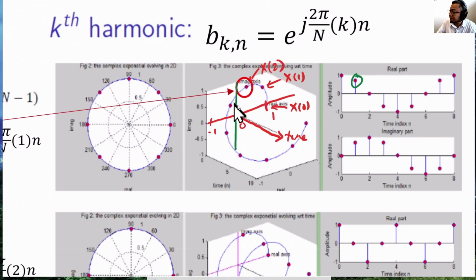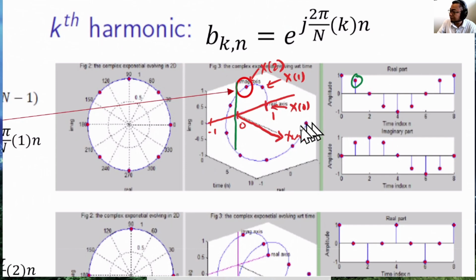It is a phasor that only moves in discrete time, so that blue line doesn't exist. We're just drawing it to show the trajectory. Only in discrete time are there dots, and it is rotating anti-clockwise, and after n samples it will go back directly to the same position as the first point.